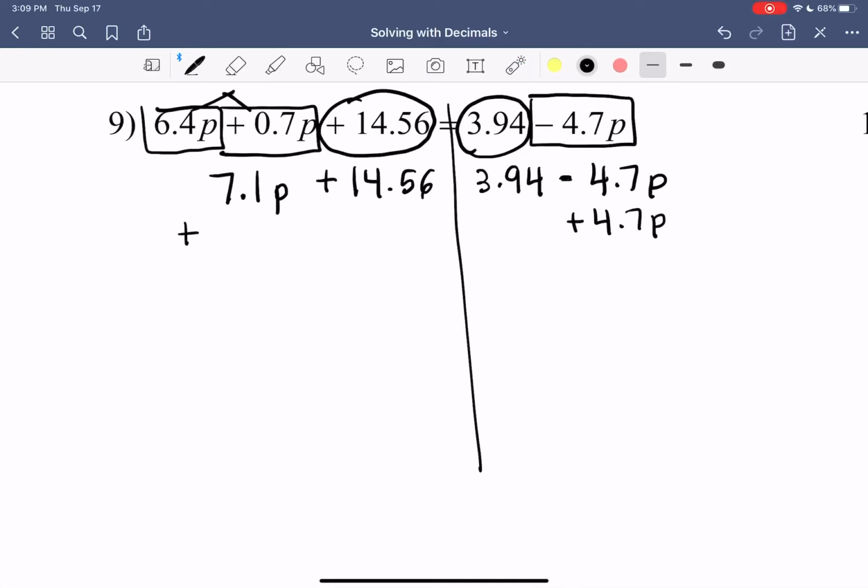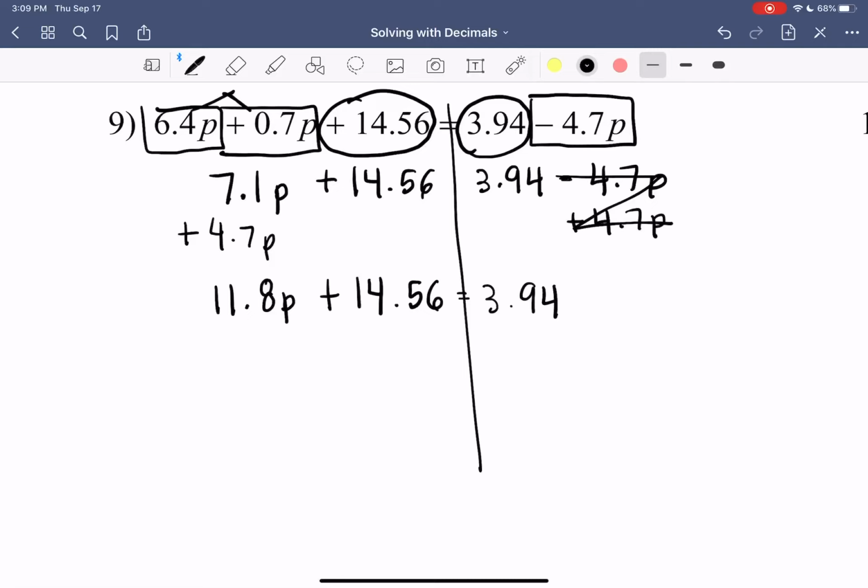So we're going to add the 4.7p to both sides. This will become 0, and 7.1 plus 4.7 will give us 11.8p, and then carry down what's left, plus 14.56 equals 3.94.